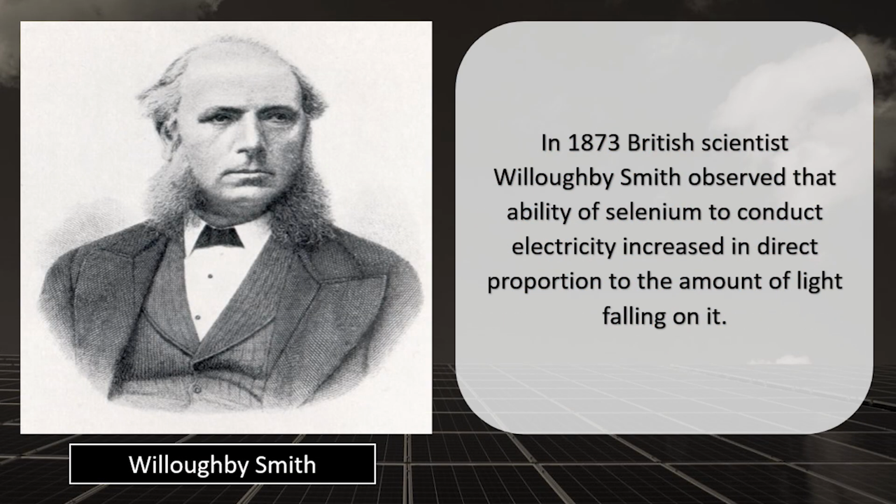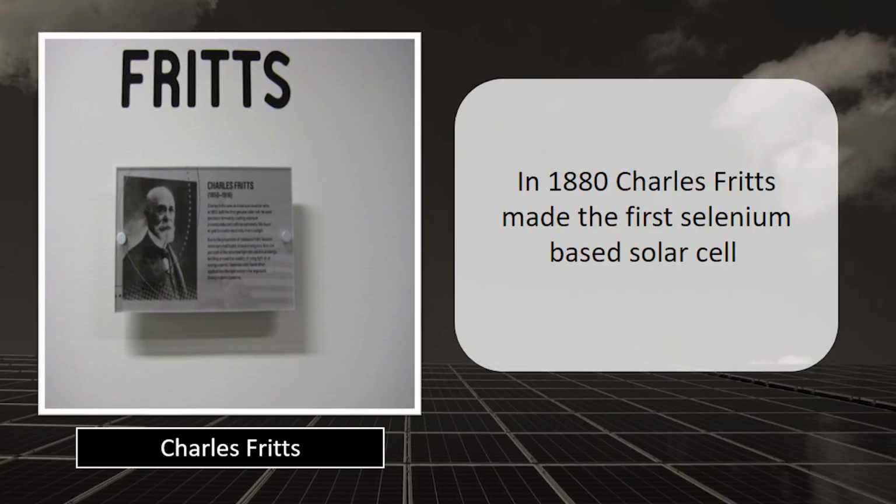In 1873, British scientist Smith observed that the ability of selenium to conduct electricity increased in direct proportion to the amount of light falling on it. In 1880, Charles Fritts made the first selenium-based solar cell.